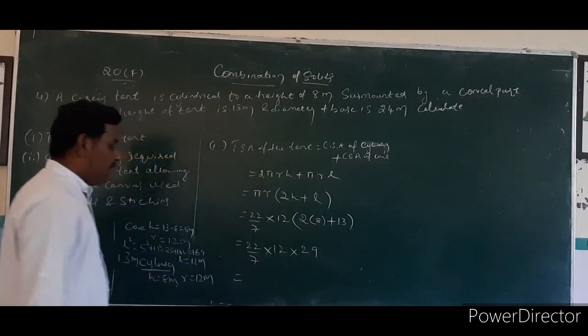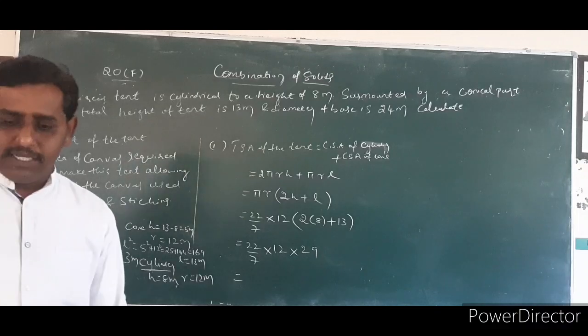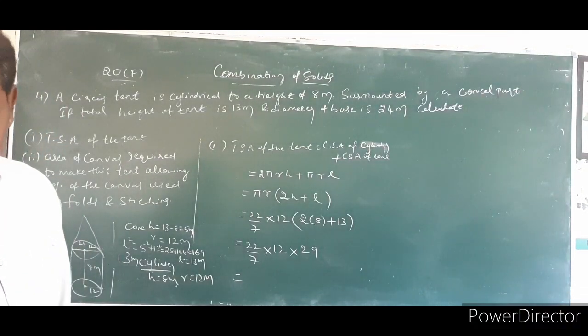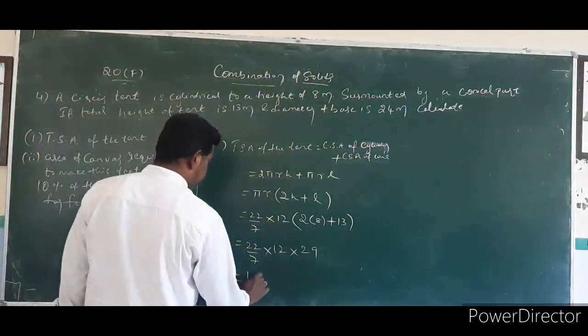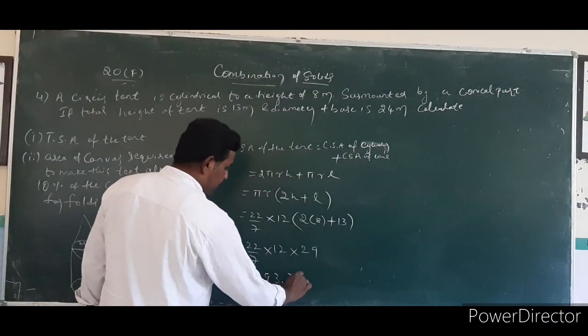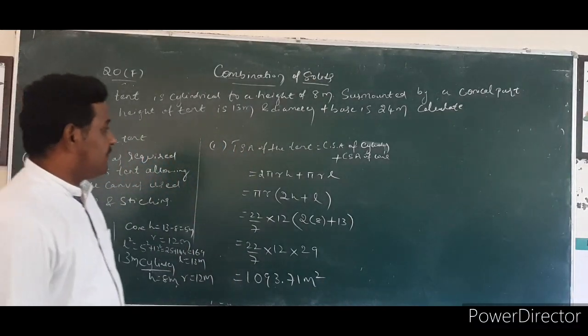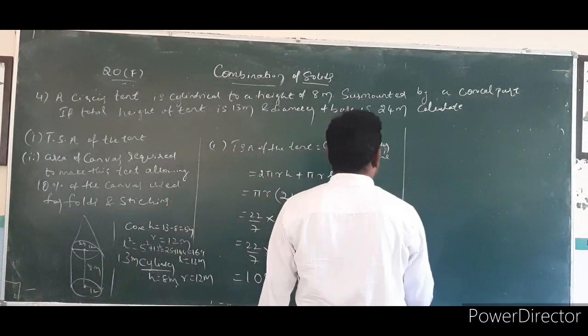If you simplify this, you will get the answer 1093.71 meter square. Simplify this, you will get total surface area.